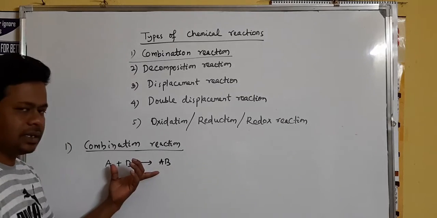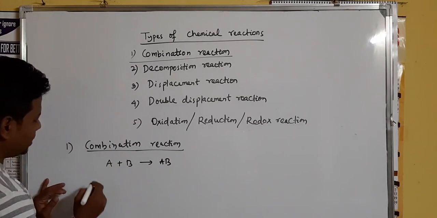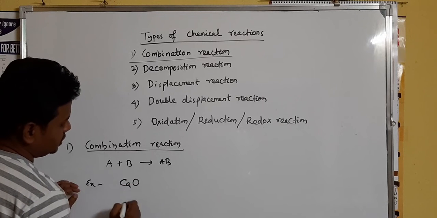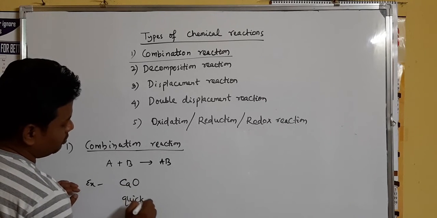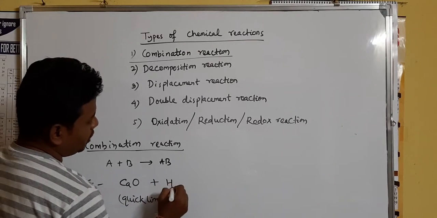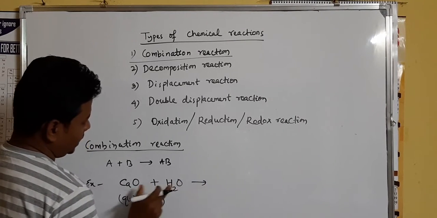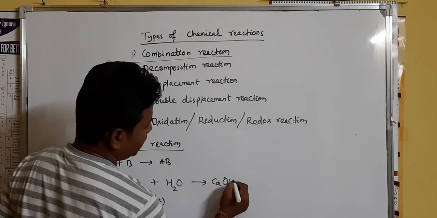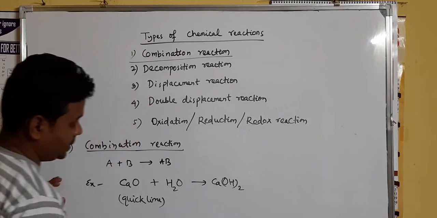This is not a real example. If we take a real example, calcium oxide, the common name of which is quicklime. When you add water to it, these two reactants combine to form Ca(OH)2, calcium hydroxide.